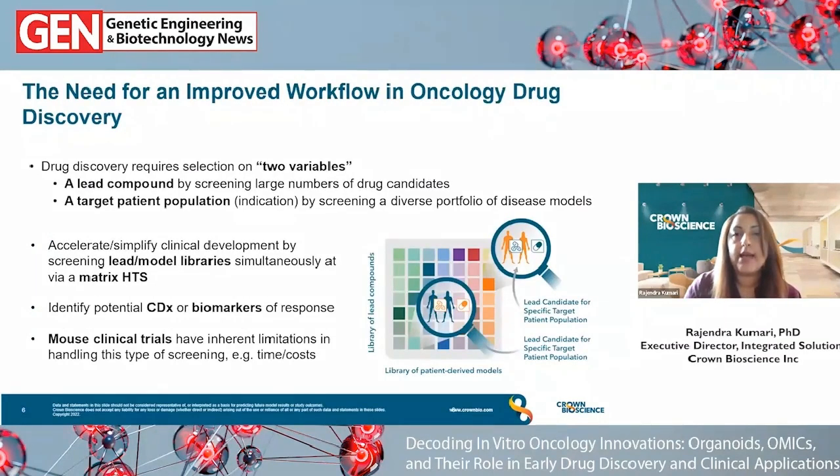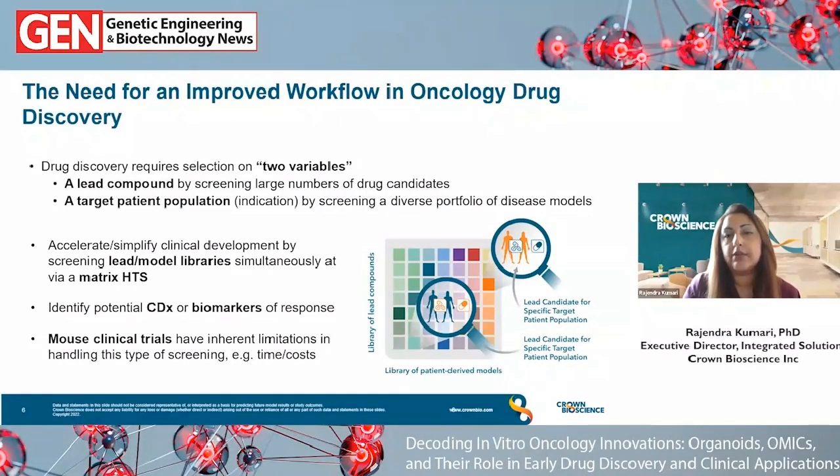So if we look at how to improve some of the drug discovery process or workflow so that it can use more relevant models, you can see that there are potentially 2 variables here that need to be considered. The selection of a lead compound from a compound library, typically in vitro screens, and then downstream in vivo modeling, and then the selection of indications among different disease types to identify the target patient population.